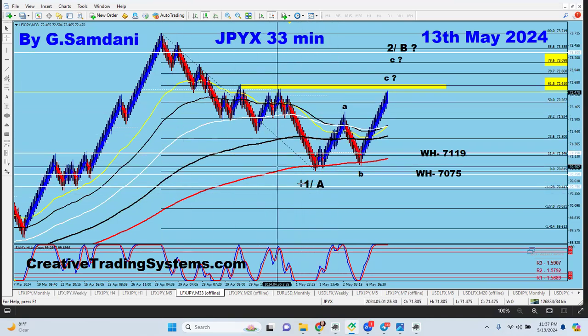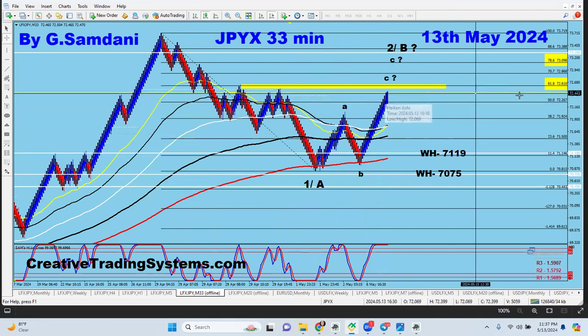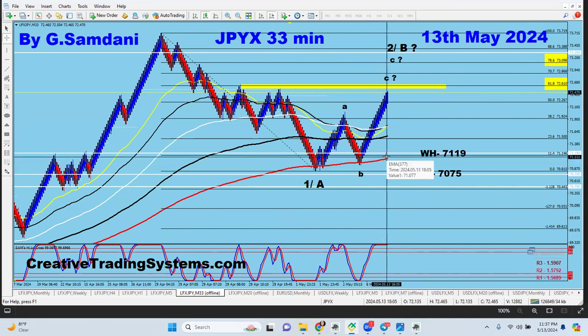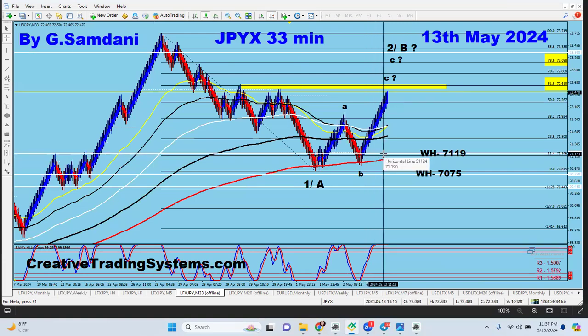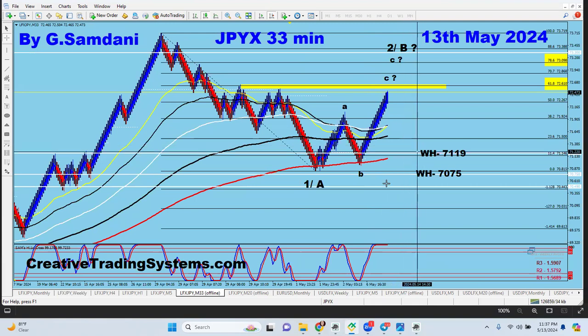I say this is wave 1 or A, then an A, B, C correction, going back to 61% or 78%. But you can see that from here on, from May 6th till today, it keeps going to the upside. Blue candles only. That means the yen keeps getting weaker, so forget about going short in yen pairs. All yen pairs will go to the upside.